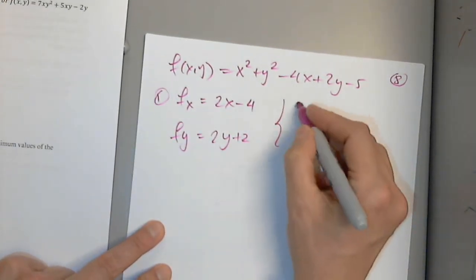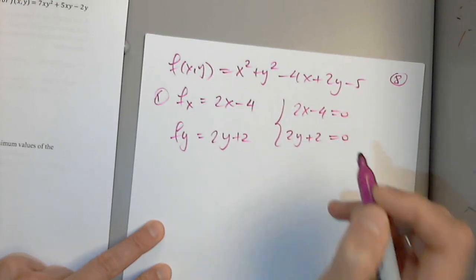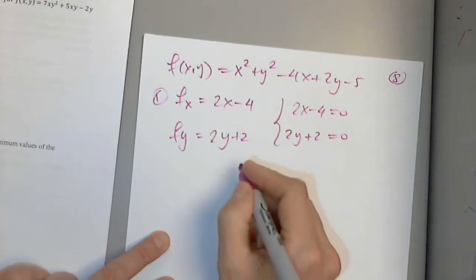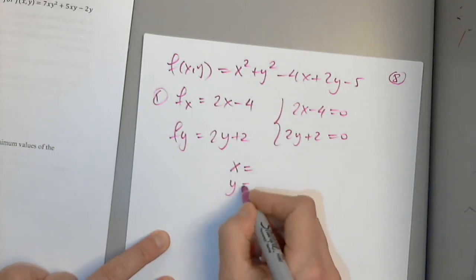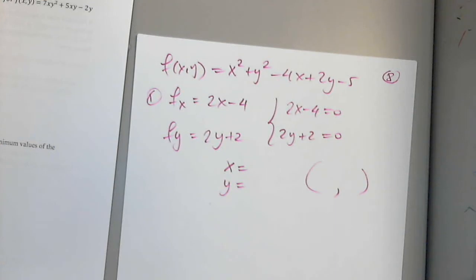Now we create a system. 2x minus 4 equals 0, and 2y plus 2 equals 0. Obviously, x is and y is. And this is our point. This is the discussion, meaning if it's a saddle point, if the test is inconclusive, or it has a max or min. If D is 0, but later, not now.